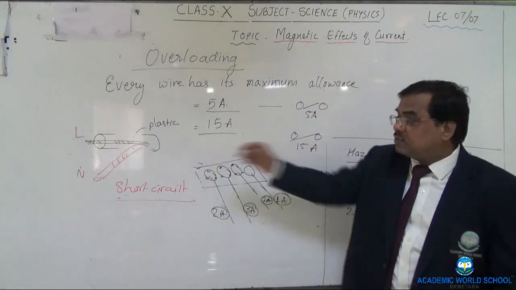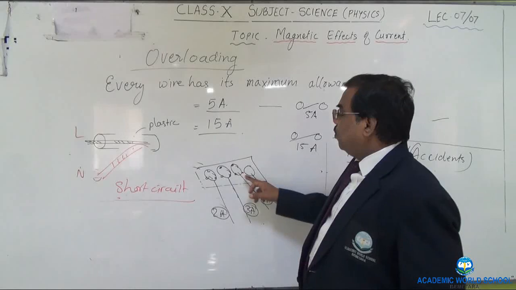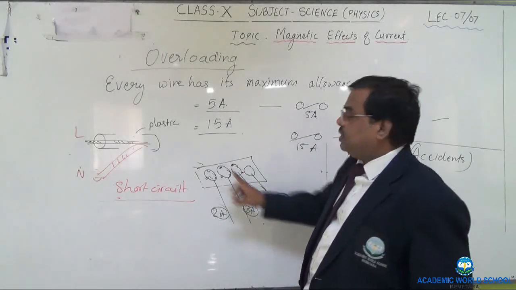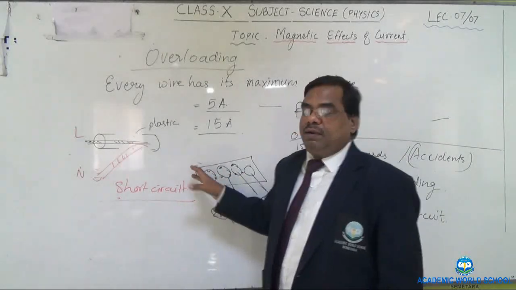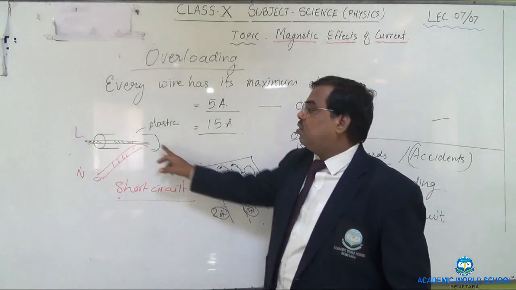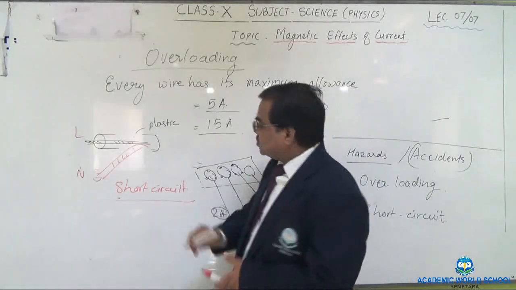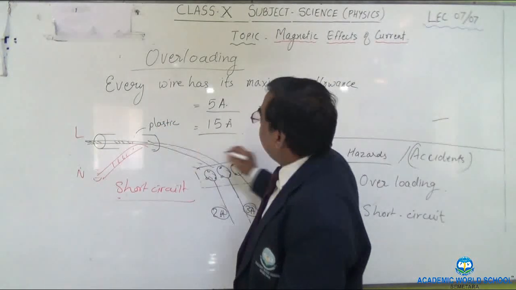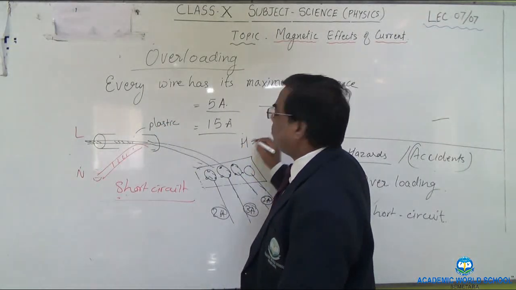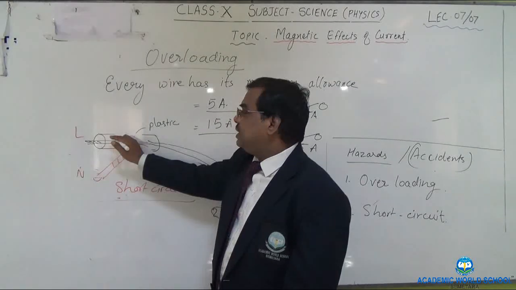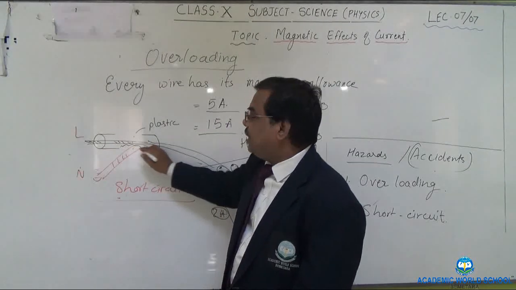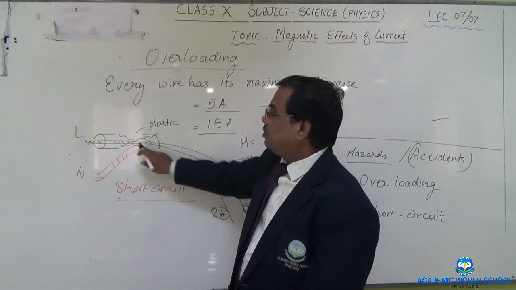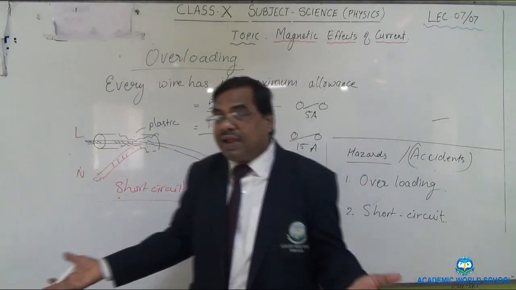Let's understand this. You connected so many appliances with one pair and all that current is being drawn from here only. The result is that this wire, because of heat, has melted, the covering has melted and the wires become naked.